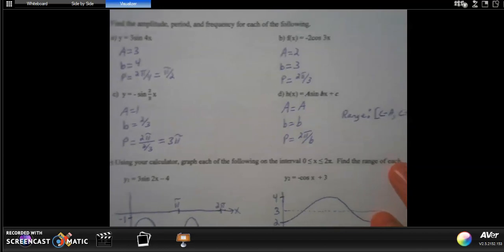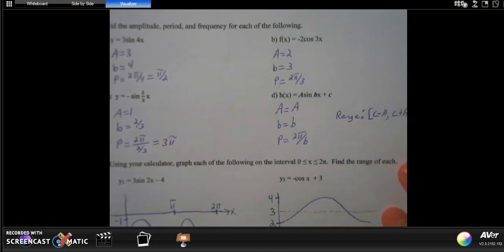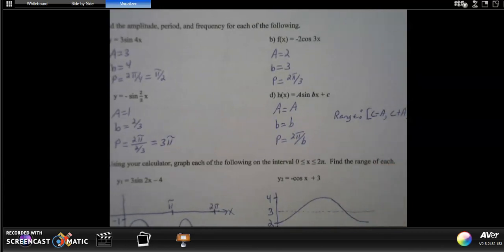The trickiest one will be part D, with sine of bx plus c. The amplitude is a. The frequency is b. And the period is 2 pi over b. That's just a generic representation. With the range, the horizontal center is going to be at the c value.